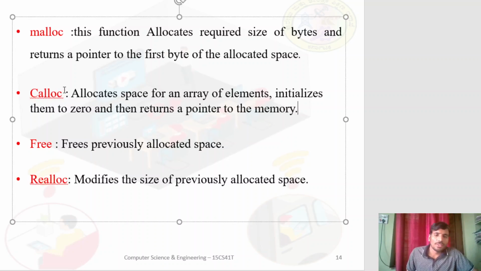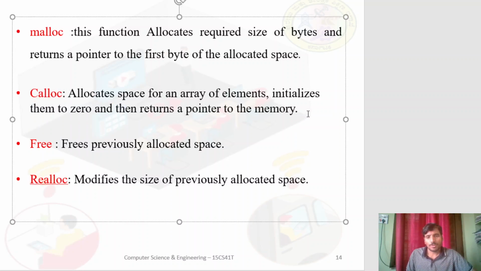Okay, students. So we allocate the memory by using the malloc or calloc function, and we perform some operations in that memory area. After operations are over, the next job is to free them.